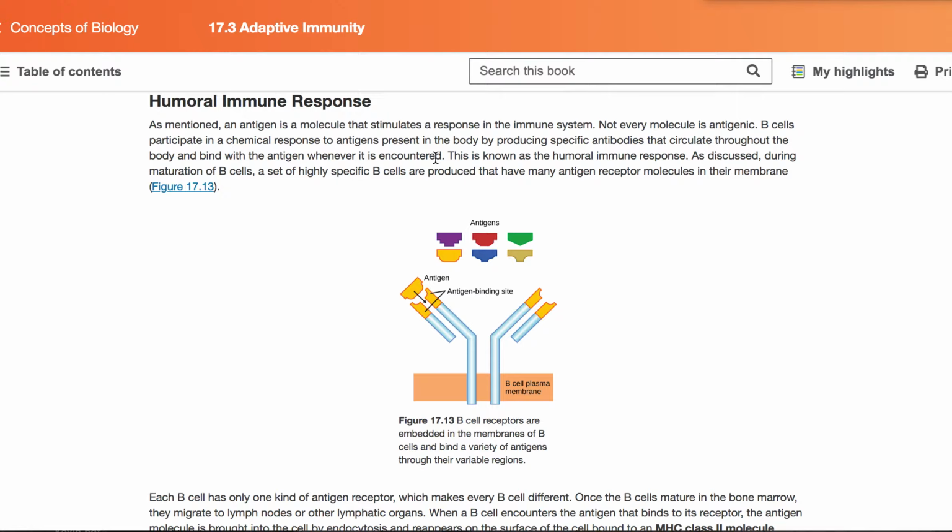So B cells have receptors that bind to different antigens. Remember, those are the bad things that are coming in, and they migrate to the lymph nodes and the lymphatic organs. Then the B cells will actually bring the antigen in. It can do it by endocytosis. And the helper T cells, who have also come in contact with different antigens, will get the neighboring cells to release cytokines.